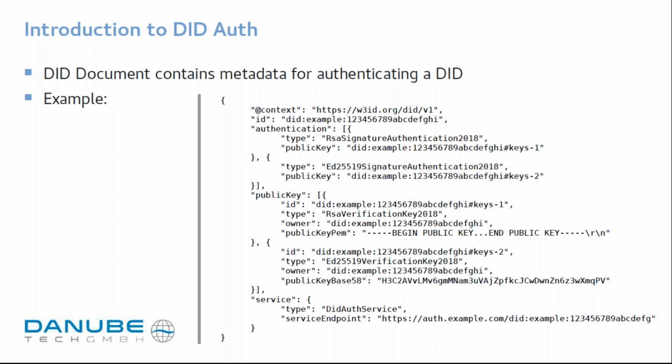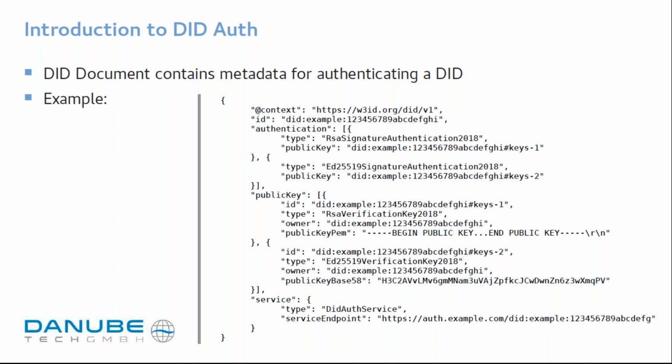So no matter if you're dealing with a Sovrin DID or a uPort DID or a BTCR DID, the DID can always be resolved to this DID document, and the DID document contains metadata that is necessary for trustable interaction with the entity that is identified by the DID.